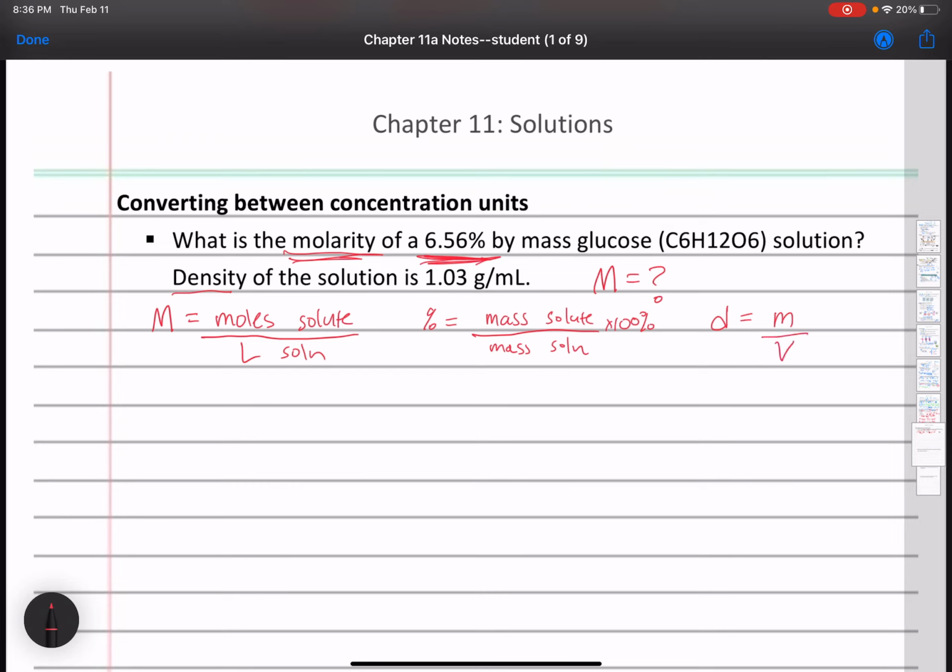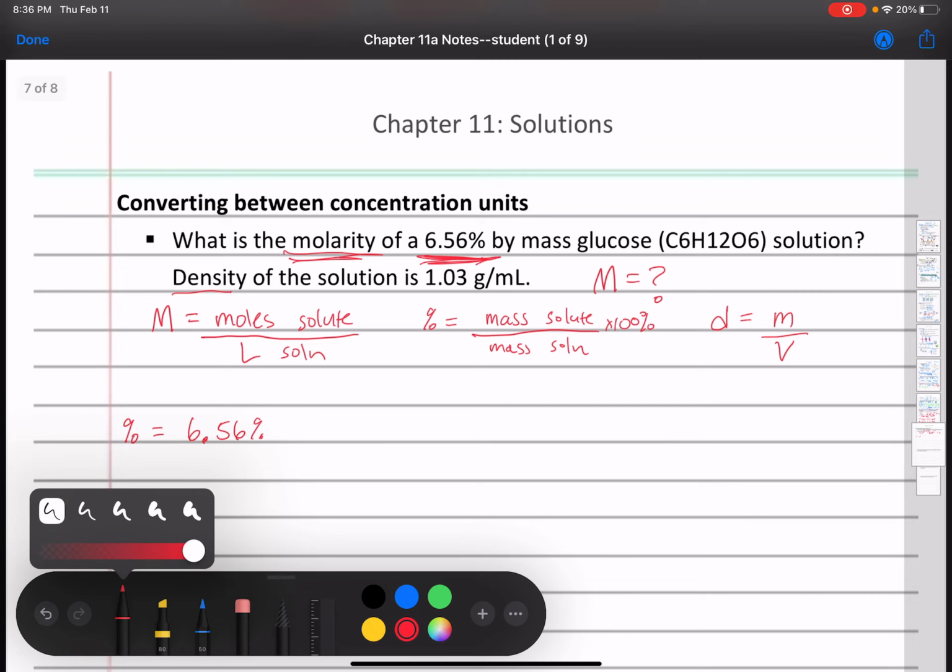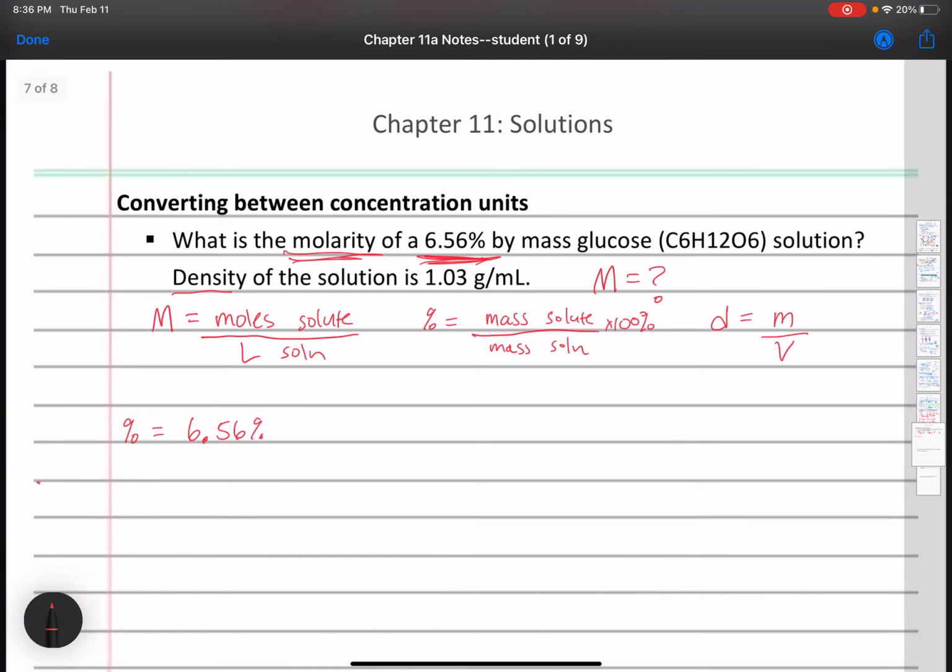So now I'm going to list out, well, what do I have? What am I given? I'm given a percentage. The percent concentration is 0.656%. And I'm also given a density of 1.03 grams per milliliter.